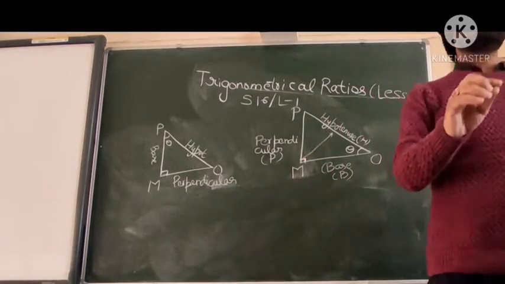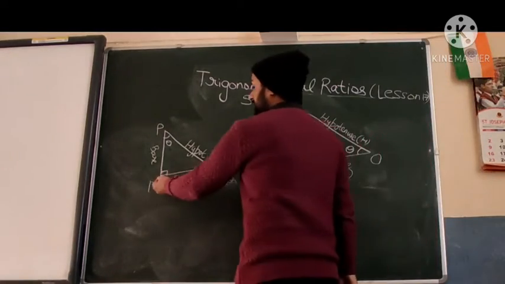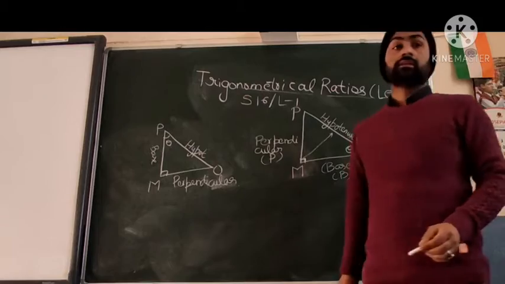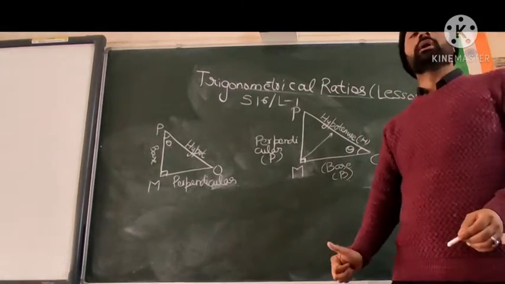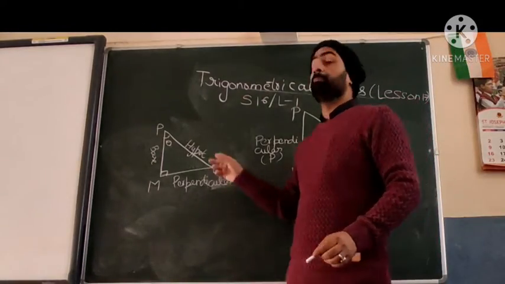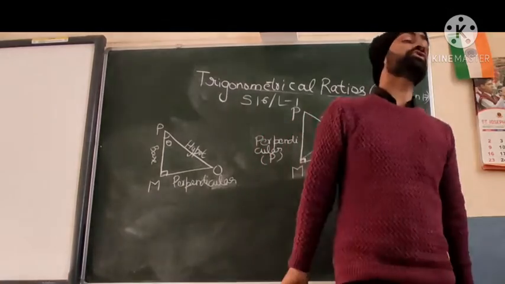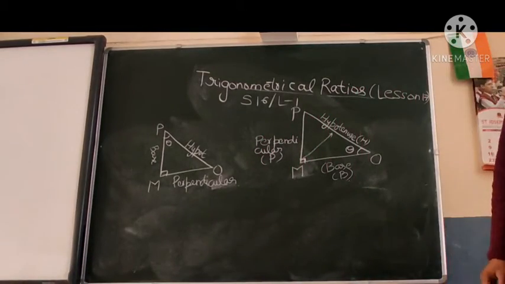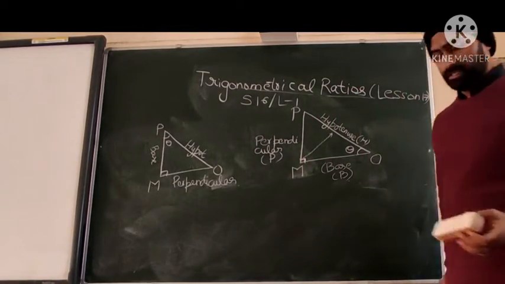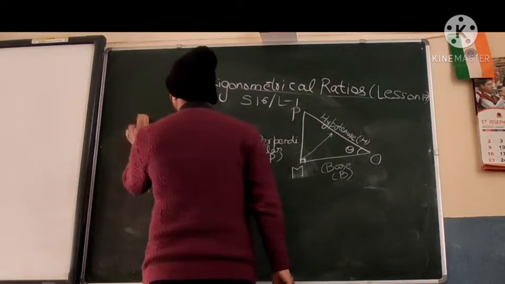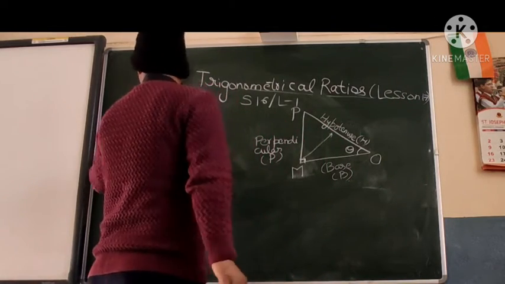That 90 degree or the right angle is fixed, other than that two angles are there. So depending on which angle you are taking, the perpendicular and base will change. The hypotenuse remains unchanged.